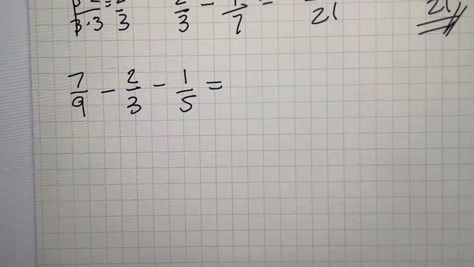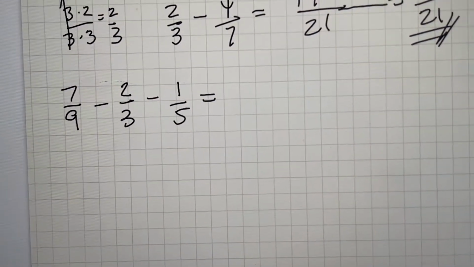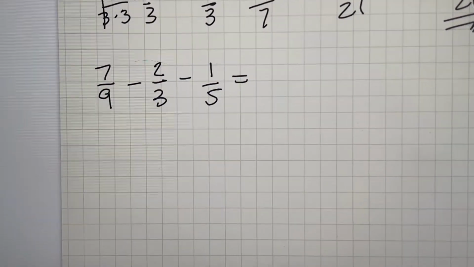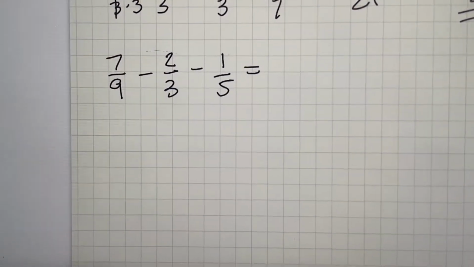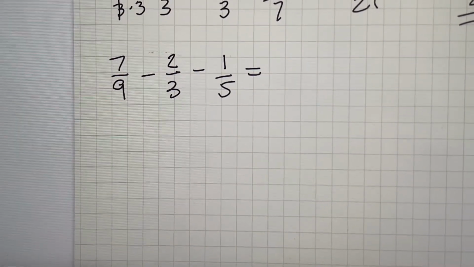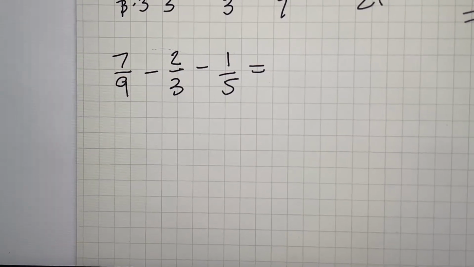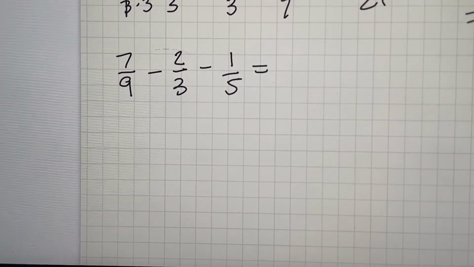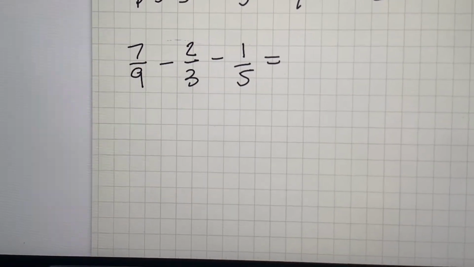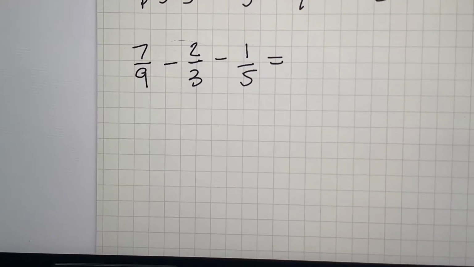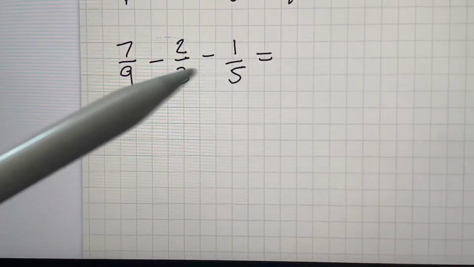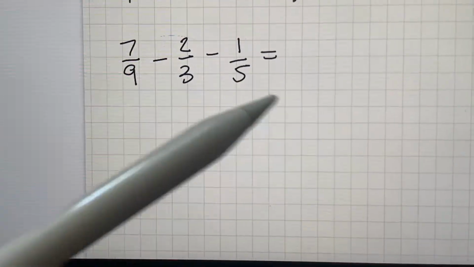All right, so then the next step would be my common multiple. Between 3 and 5 is 15, but 9 only has 9, 18, 27, 36, 45. And if you think about it, 45 would be great because 9 times 5 is 45.